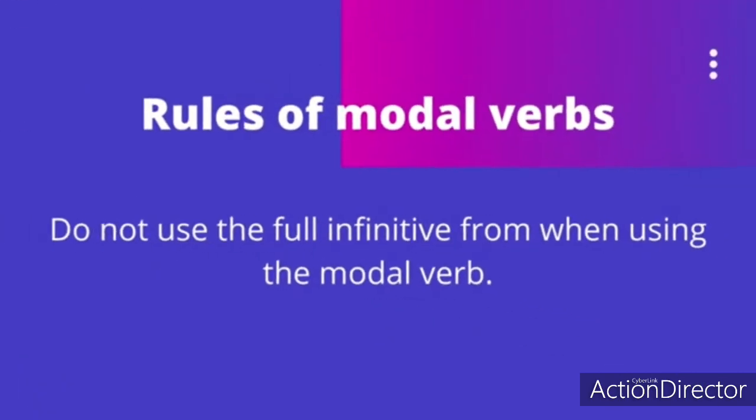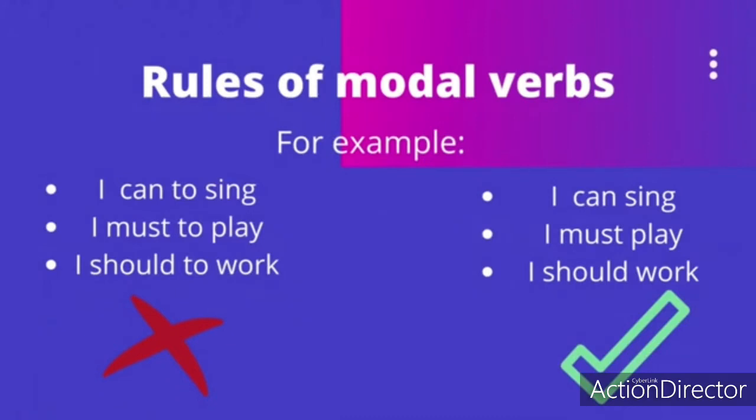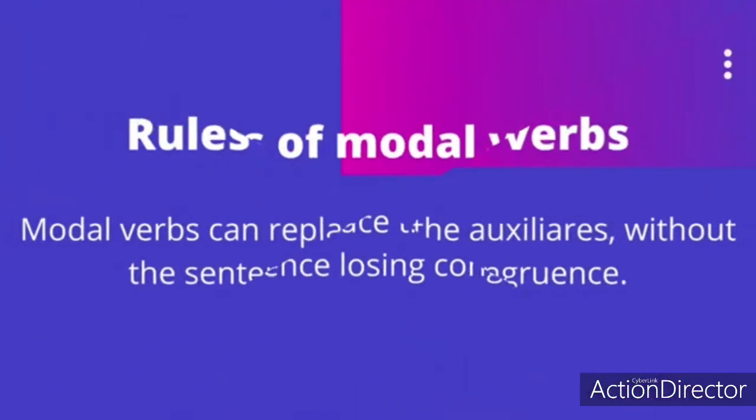The most serious mistake is to use the full infinitive form when using the modal. For example, I can to sing, I must to play, I should to work. You will never see to after a modal.